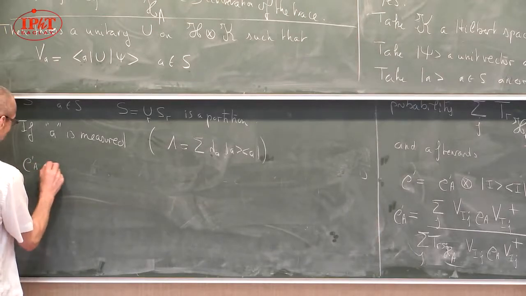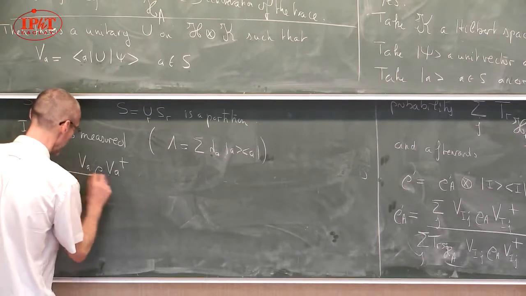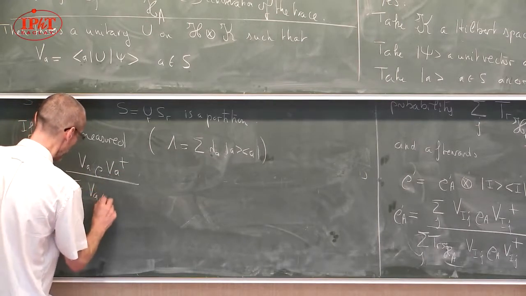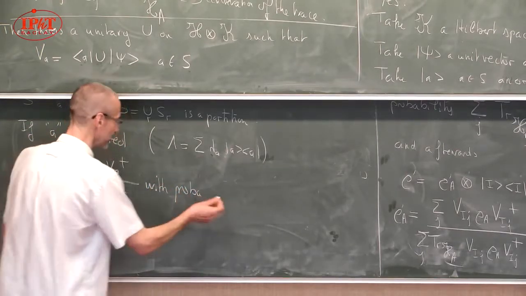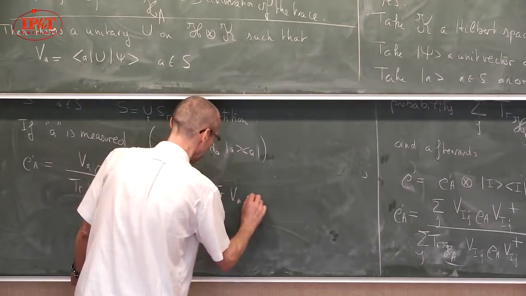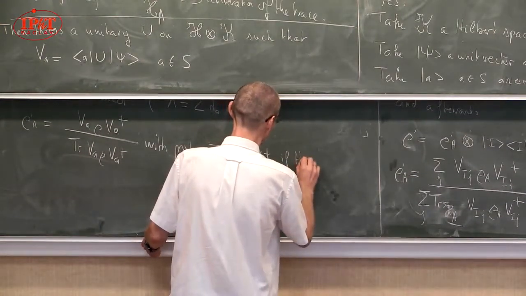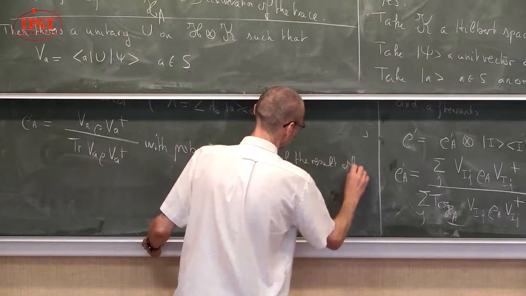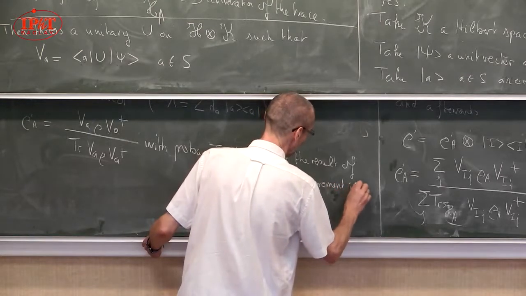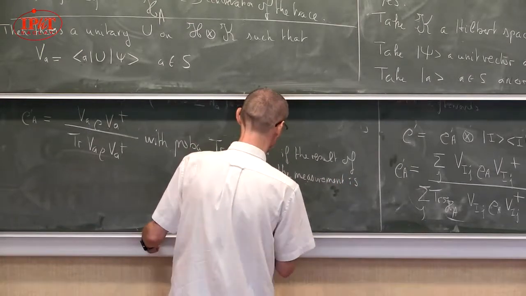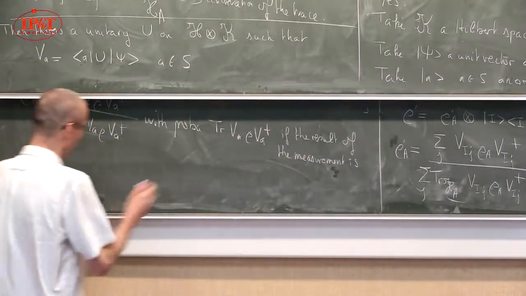Okay. So if A is measured, then we have rho prime A equal to VA rho VA dag divided by trace of VA rho VA dag, with probability trace of VA rho VA dag, if the result is observed.